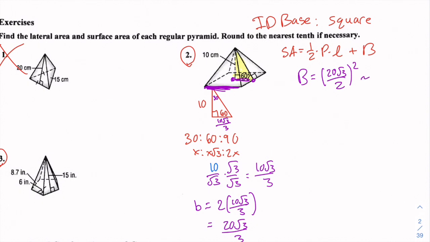Put that in my calculator, approximately 133.3 repeating. The perimeter is 20 radical 3 times 4. Oh, wait. Ooh. I'm going to fix these two numbers, guys.